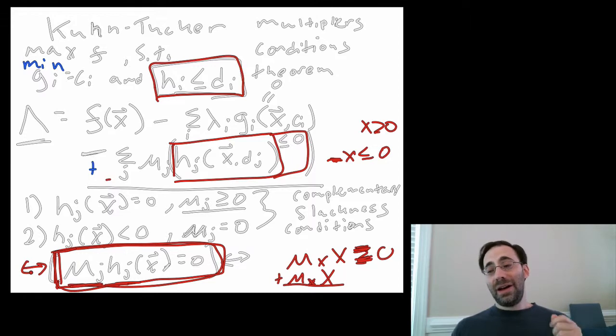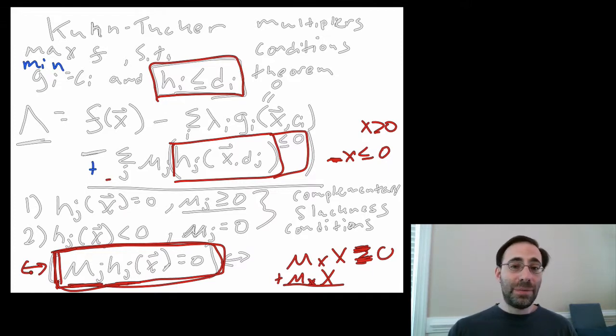First you would split this whole problem into two cases for the first single non-negativity constraint. One case would have h equal to 0 and mu be any non-negative number, and the other case would have mu equal to 0 and h be strictly less than 0.